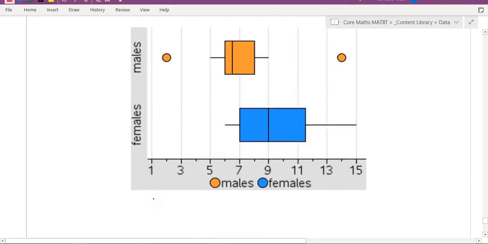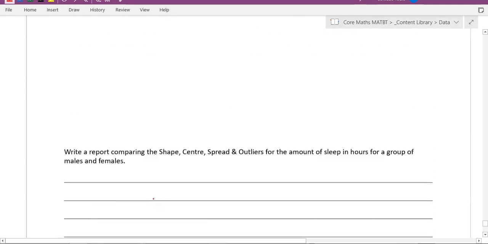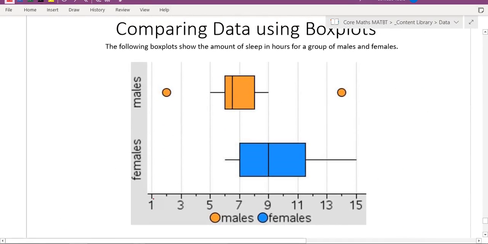Cool. And then last one is I'm going to get you guys to actually write the report without those prompts. Okay, so I want you to now compare the shape, the center, the spread, and the outliers. But I want you to actually do it in that order.